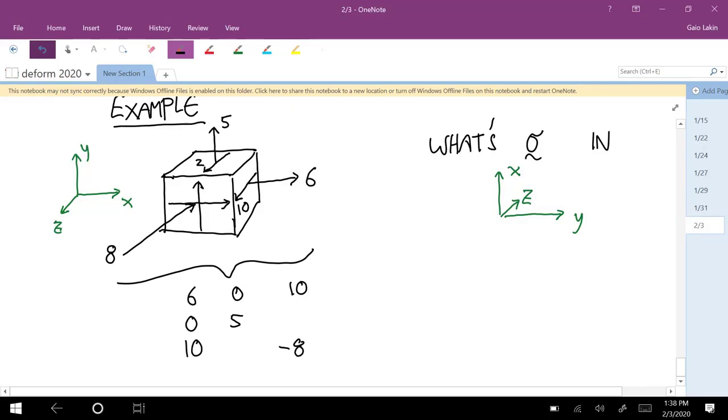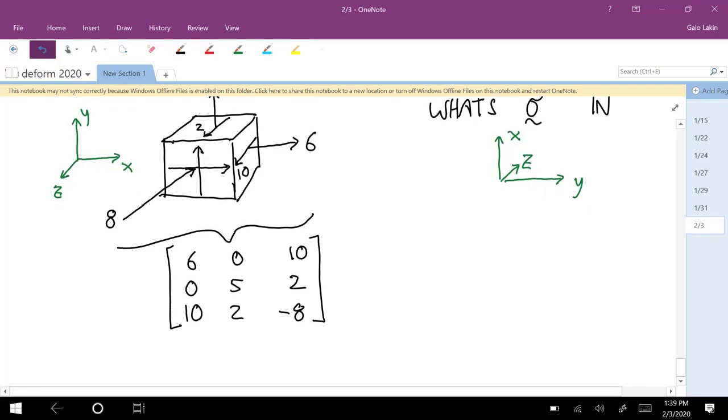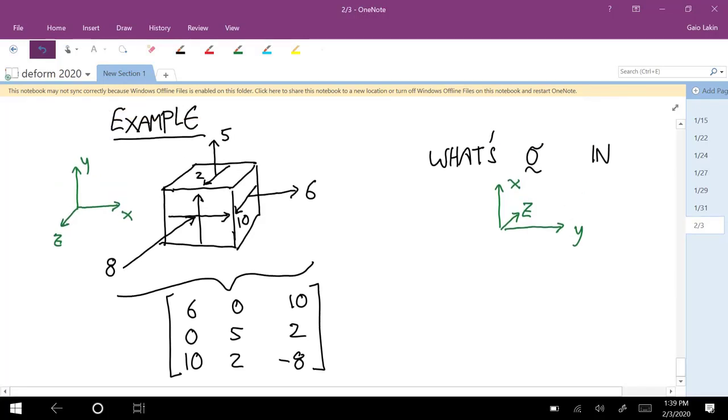And then YZ, we have +2. Okay. So how would you get from this coordinate system to this one? We need a rotation matrix. What are we doing?